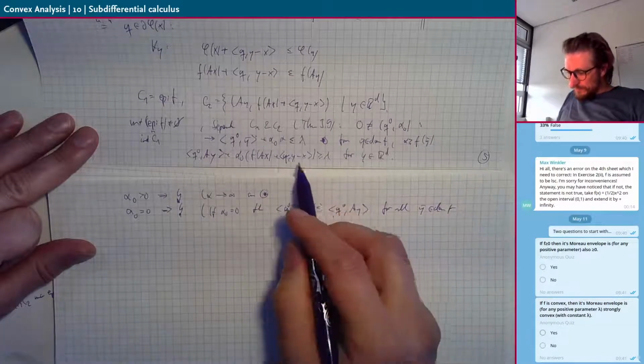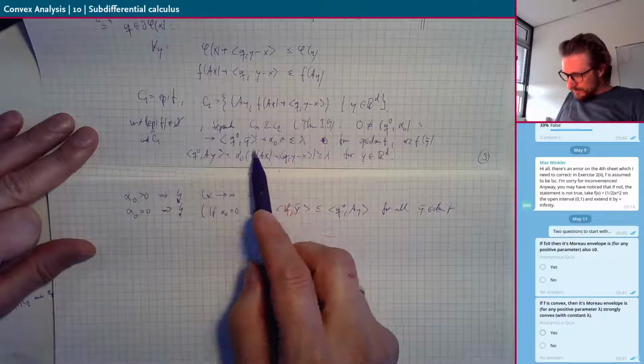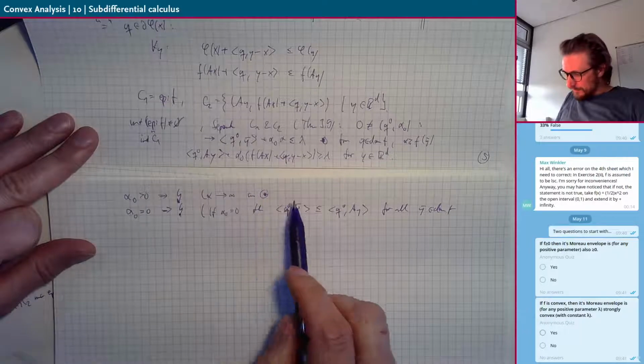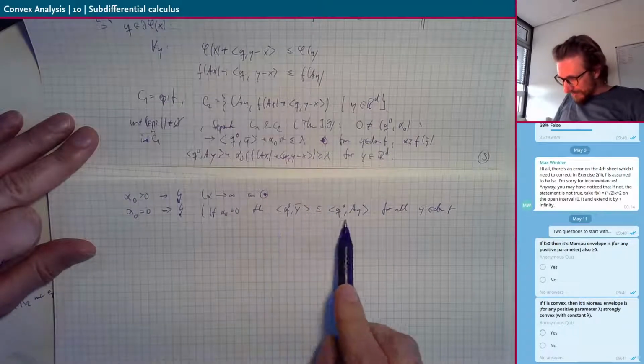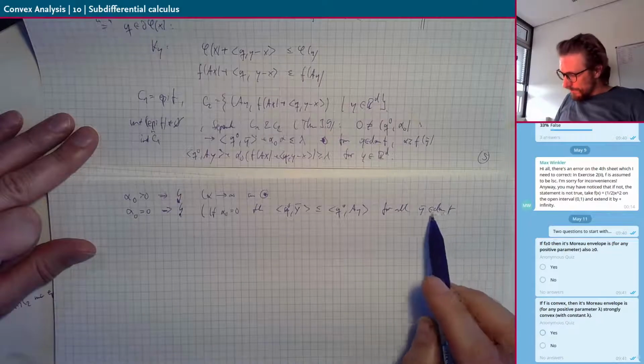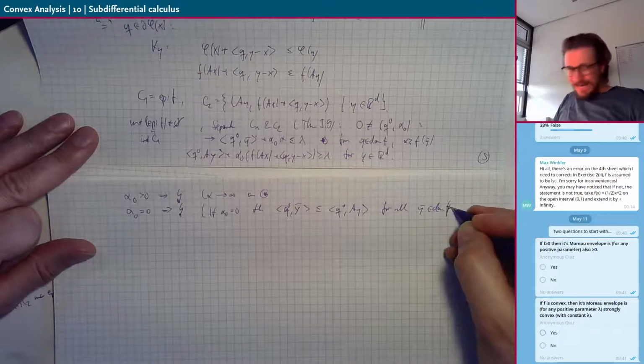So it just comes from here. If this alpha 0 is 0, then this vanishes, and so this is smaller than lambda, this is larger than lambda, so we have that, and we can do that for all y bar in the domain of f.